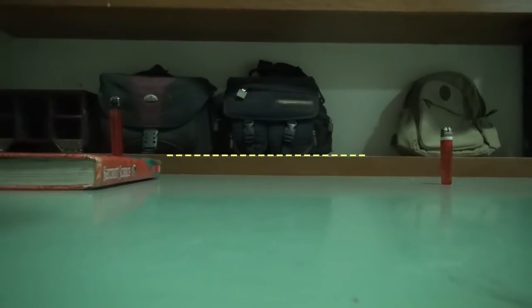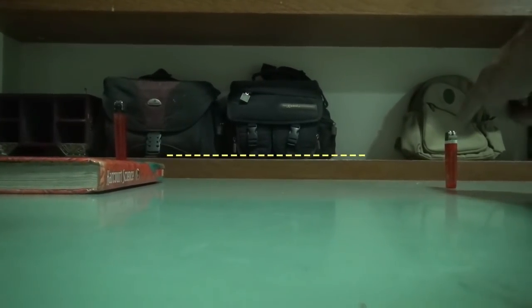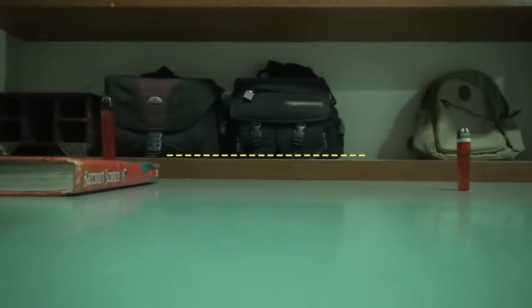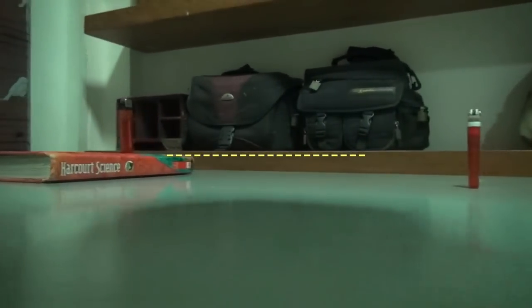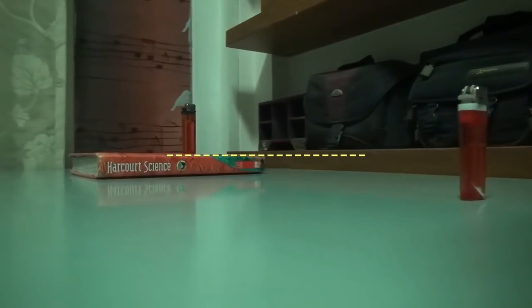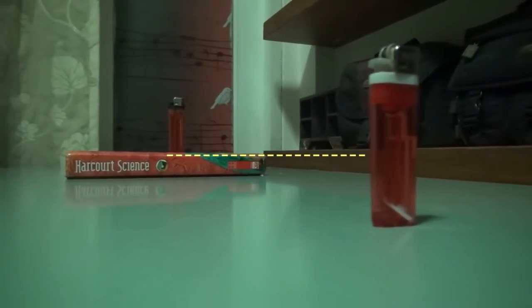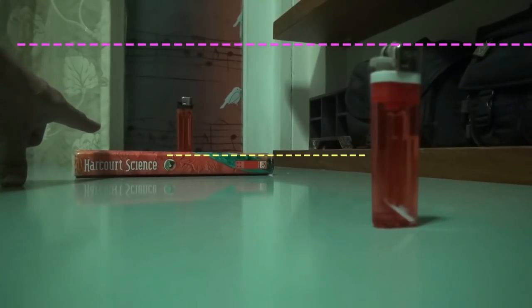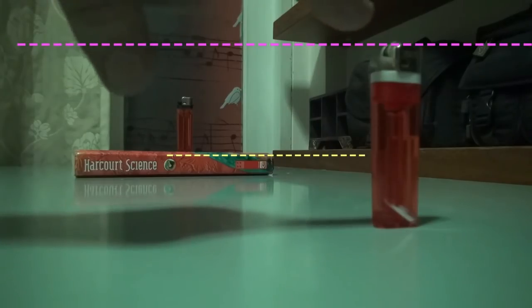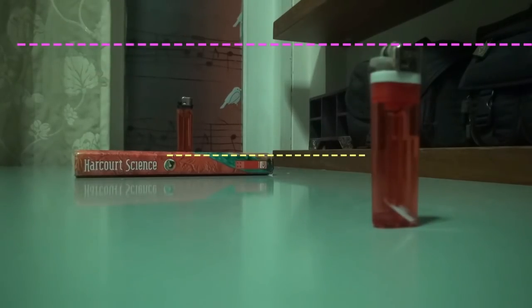Okay, this one is at the same height, and this one is physically higher, and we can tell from this perspective. But as we go around and we change our perspective, look what happens. We know this one is physically higher than this one, but this one appears to be taller because the camera's eye level is below the top.